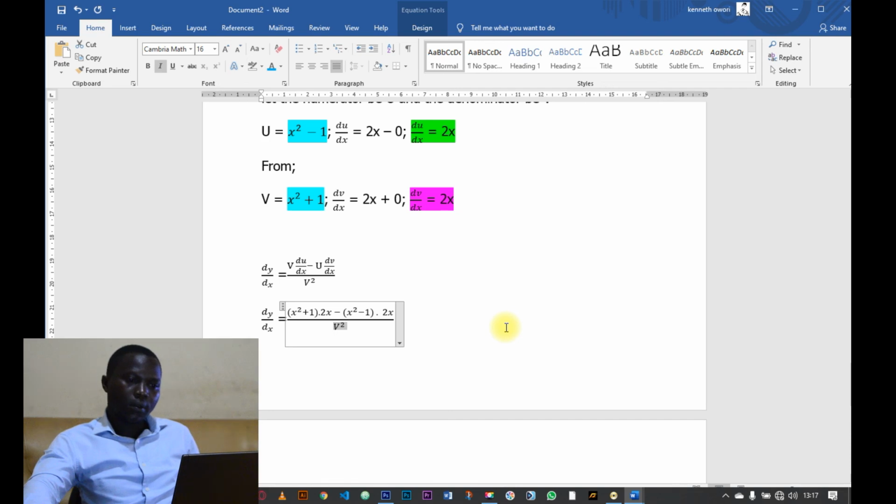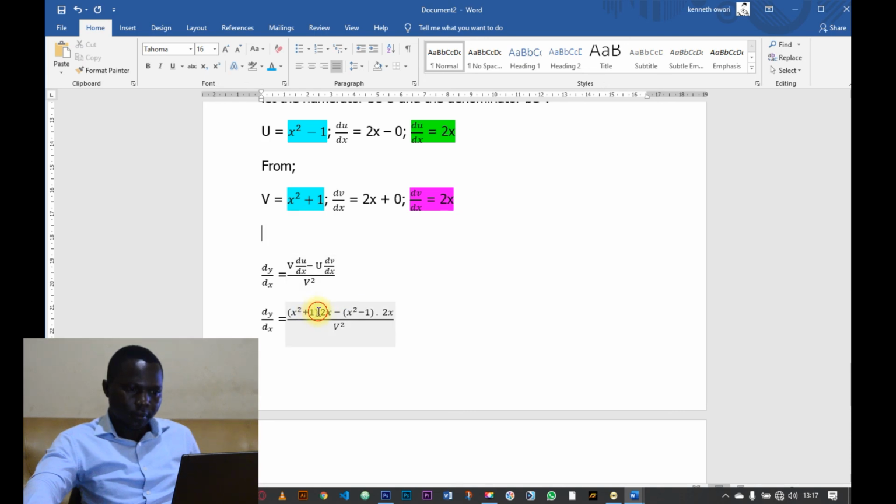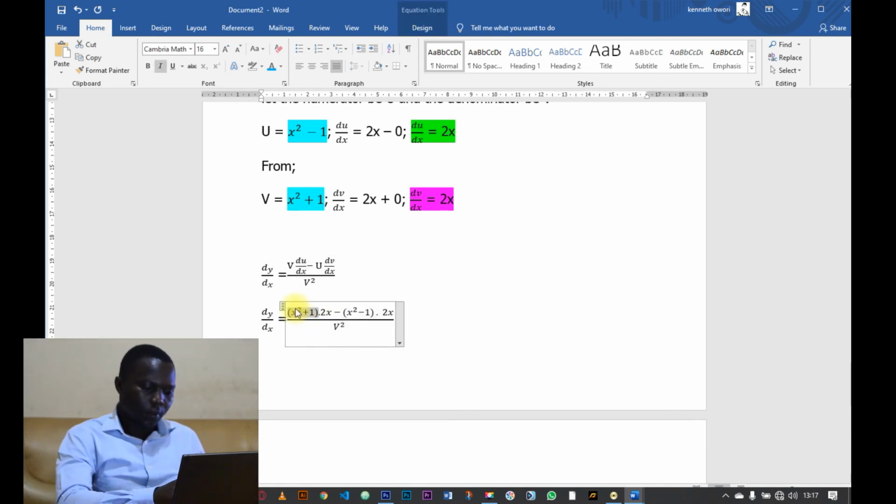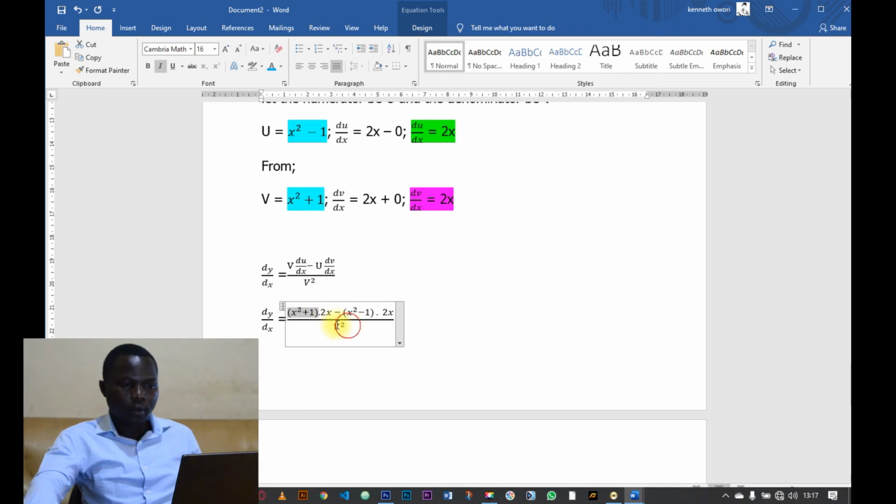Our v squared will multiply x squared plus 1 to square x squared plus 1, because our v is x squared plus 1.